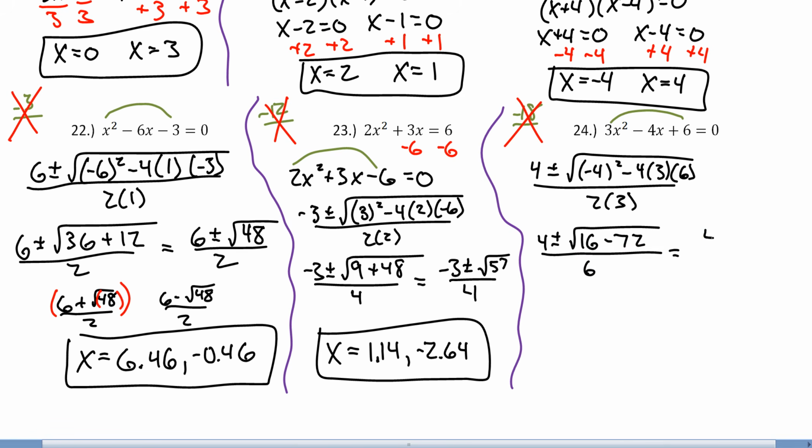And I keep simplifying. That's 4 plus or minus the square root of negative 56 over 6. And right here, as soon as I see that square root of a negative, don't even bother plugging it into your calculator. It's going to give you an error because you can't do the square root of a negative. We're going to say it's no solution, or really no real solution here. Okay?